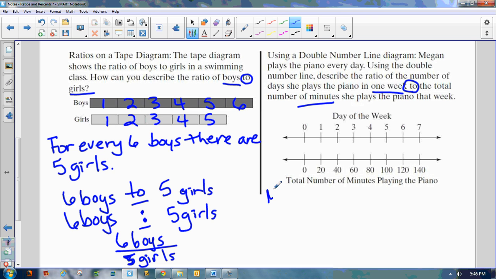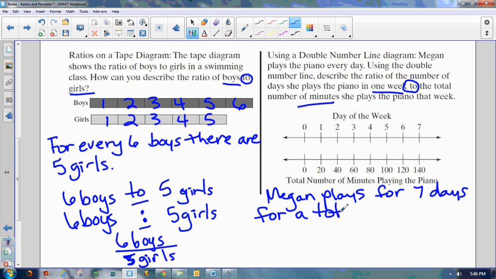So Megan plays for 7 days for a total of 140 minutes. We just look. Here's the entire week, 7 days, and that corresponds with a total of 140 minutes.